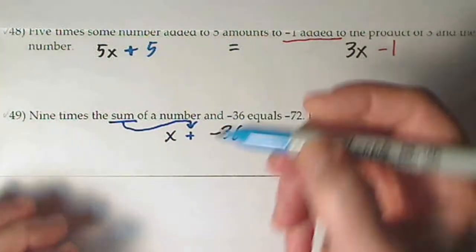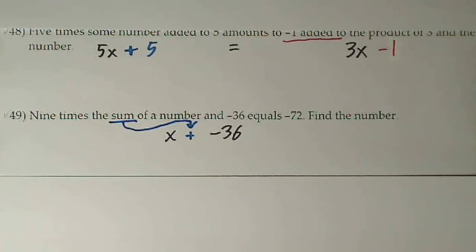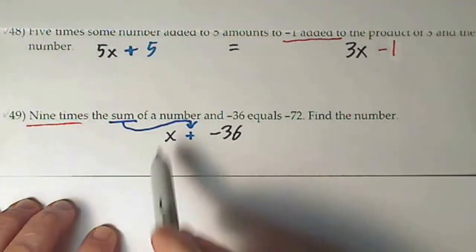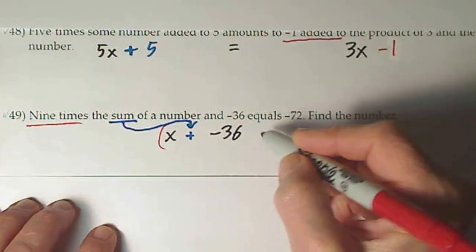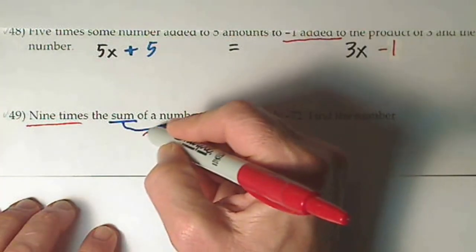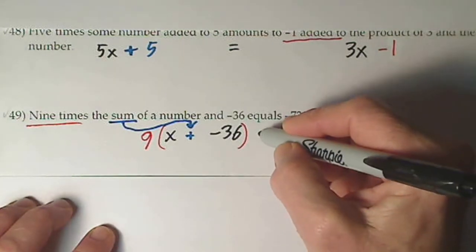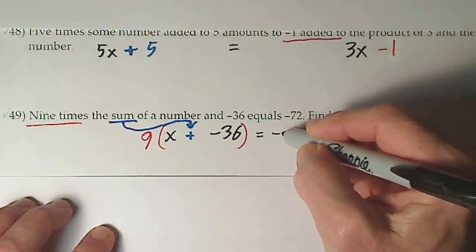You put a plus sign between them, and notice out here it has 9 times all of that. So this is where you have to use your parentheses with a 9. And equals, they weren't very mysterious there, negative 72.